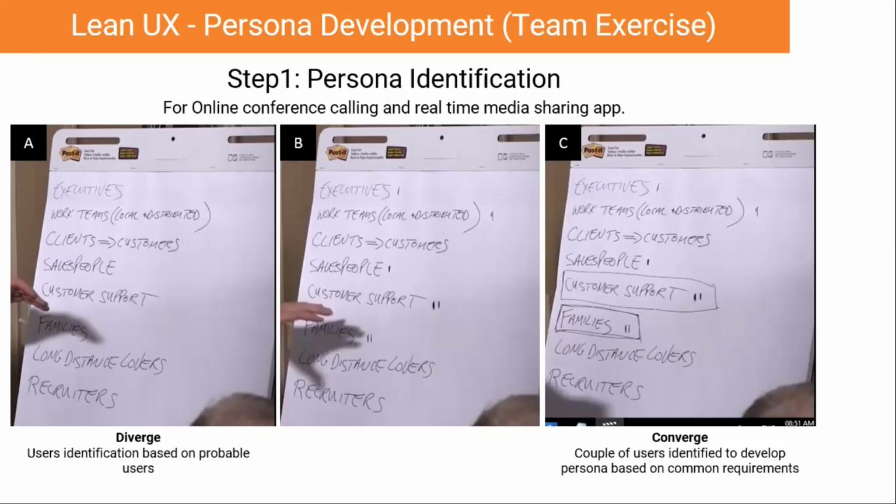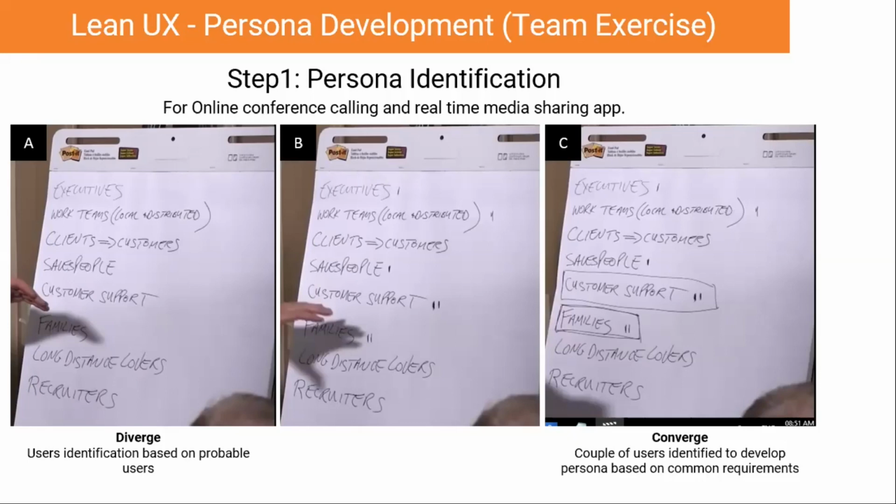If you have time, money, and resources, develop the ideal persona, and if it's a complex project, that might be needed. But it is better to do a lean UX persona than not doing it at all. This helps in developing a persona in a much quicker way. And this is a team activity. This is not a one-person activity where someone sits alone and tries to develop it. It is a team activity.